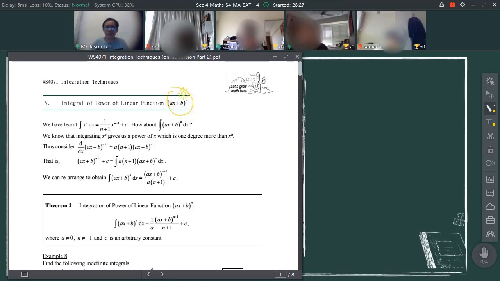This function is a power with a linear function under the power. So I just write here. We are trying to know how to integrate such functions, and this sort of function is quite common throughout, so it will be good that we know how to do it.